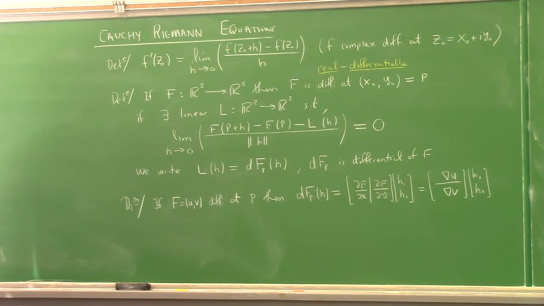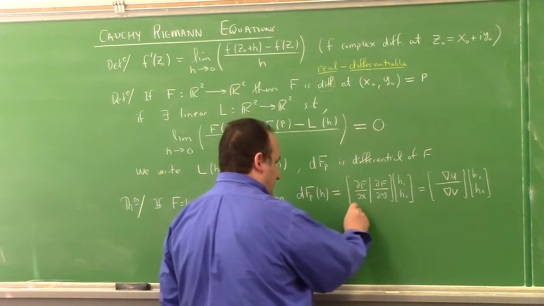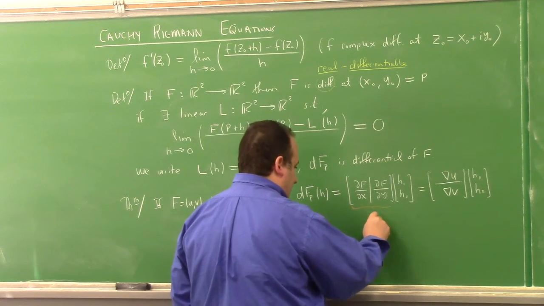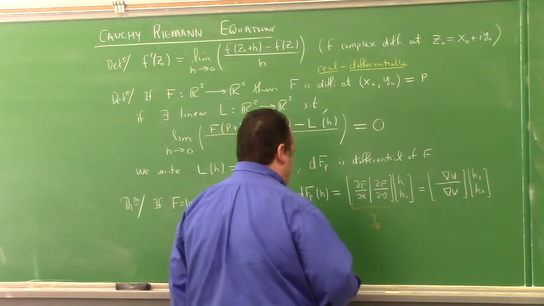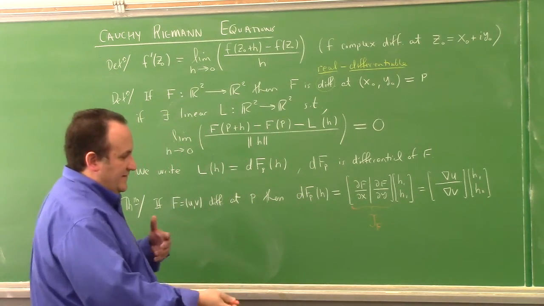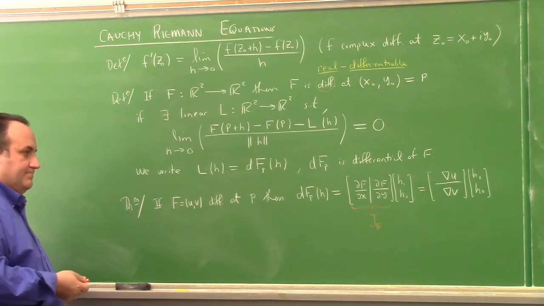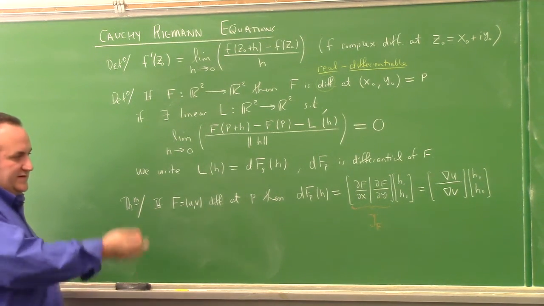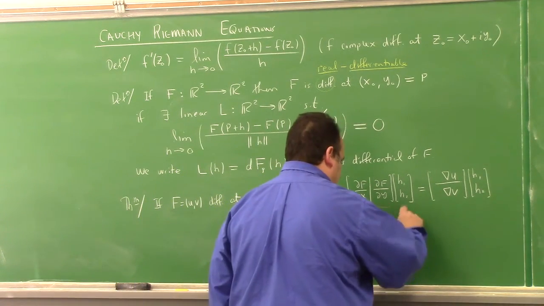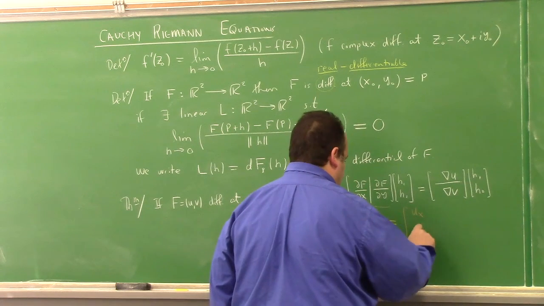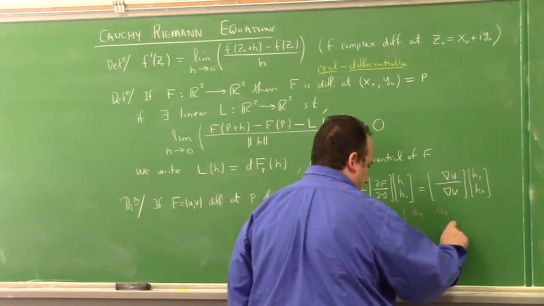And we have yet another name for this 2 by 2 matrix I'm writing. This matrix is called the Jacobian of F at P. Technically, I have to evaluate at P. But that's the Jacobian of F. Explicitly, it has the following components: u_x, v_x, u_y, v_y.